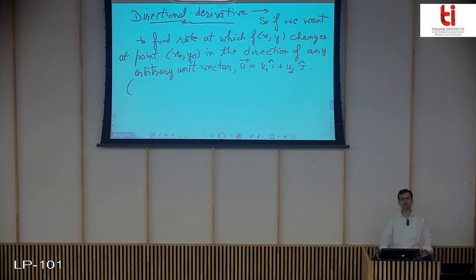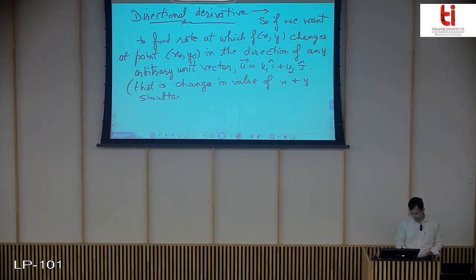So what is this unit vector? You know very well that direction is usually given by the unit vector. It is simply representing the change in value of x and y simultaneously. The direction of the unit vector means that both x and y are changing, because now you have both the i component and the j component.